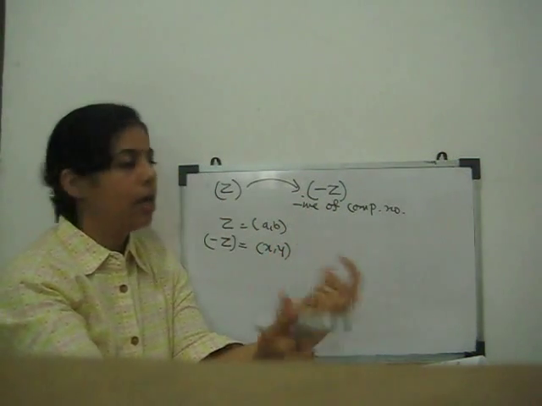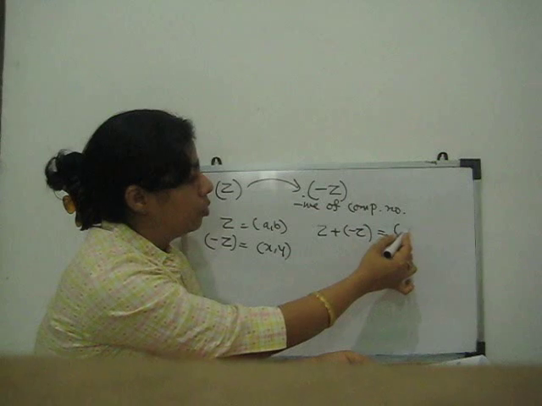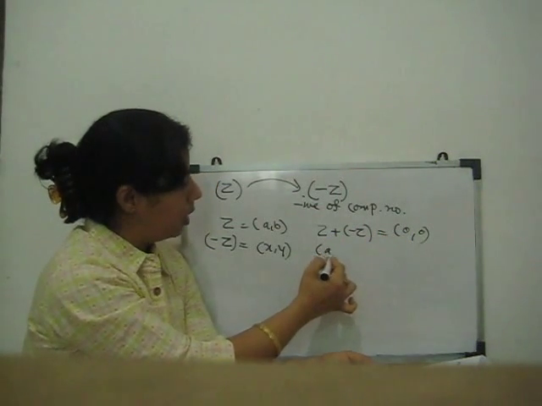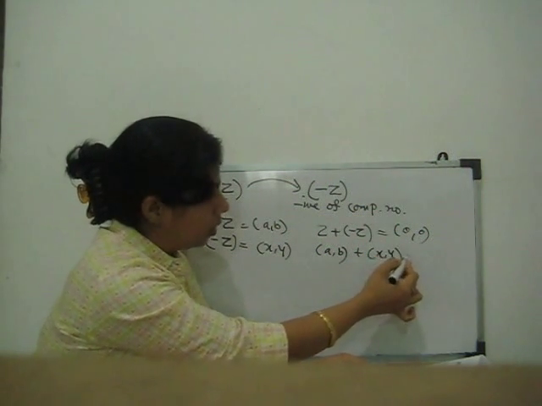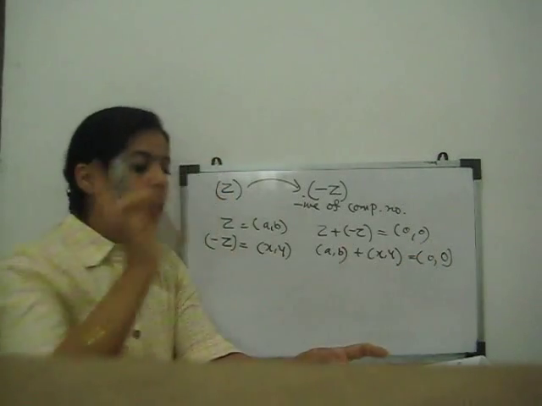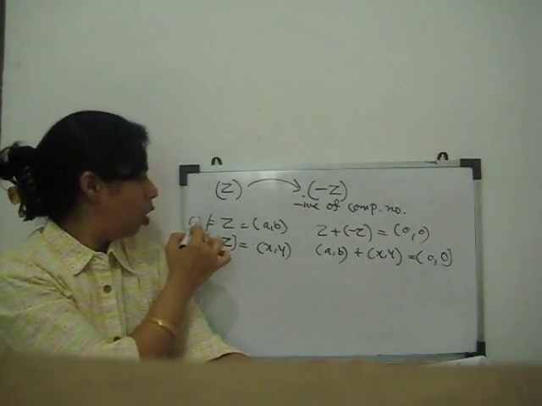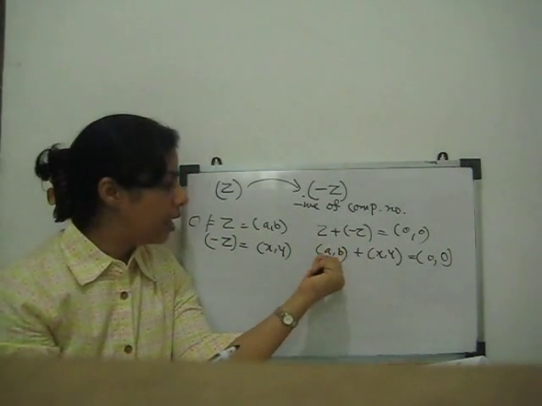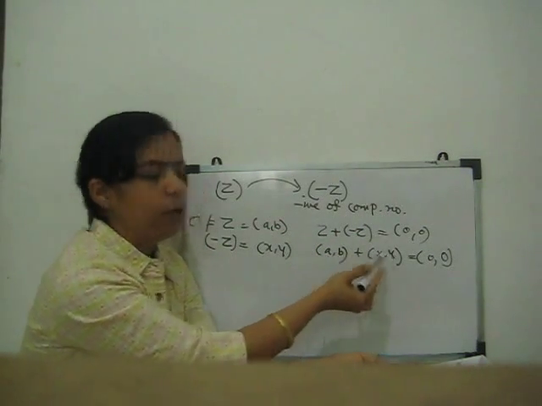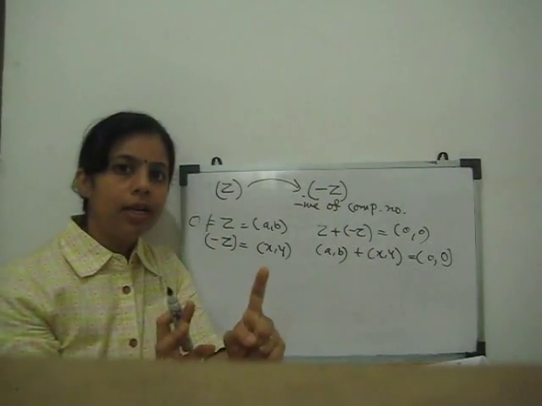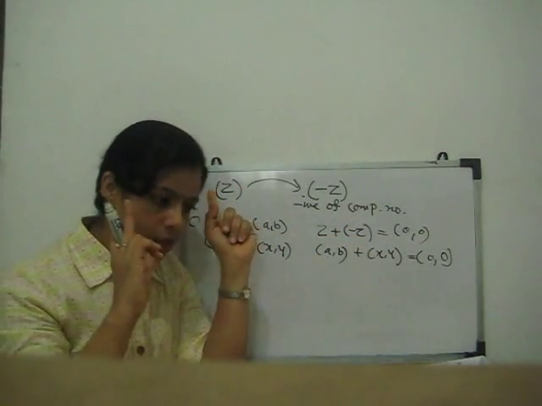Clear? Similarly here, if we add z plus minus z, it gives (0, 0), or we can say (a, b) plus (x, y) gives (0, 0). Clear? Where z is a non-zero number. Then a plus x gives 0, and b plus y gives 0. Definitely, if it gives 0, then minus z is the negative of the given z.